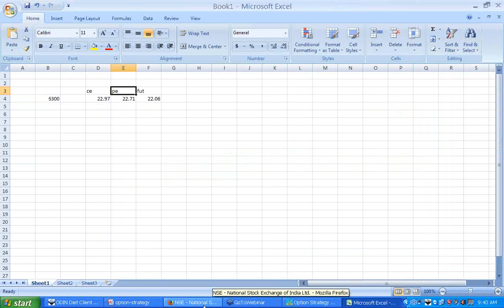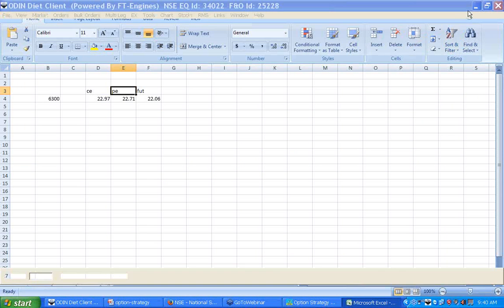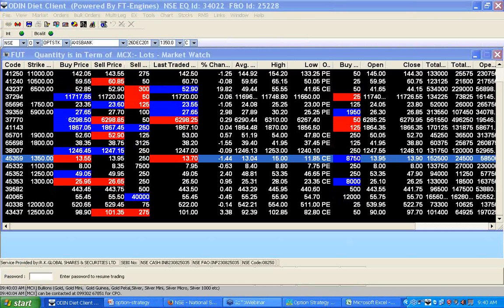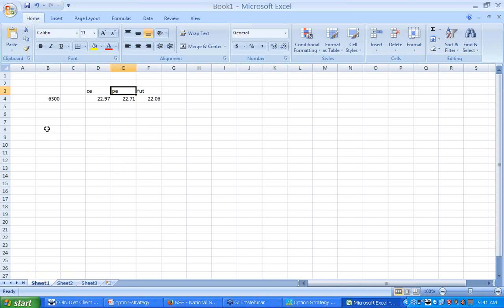So now let us form some strategies which can give us good benefit in this. So in this particular scenario, fall in volatility with price rise, what is the strategy? Number one, we can form a covered call with put.